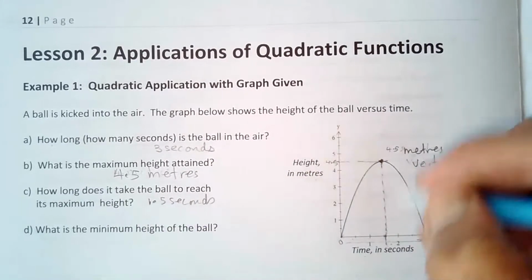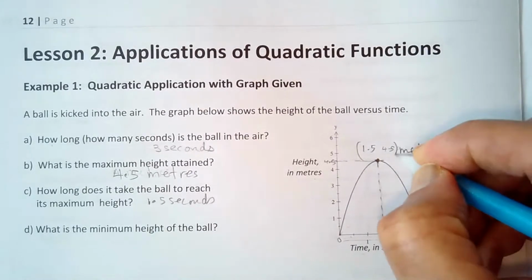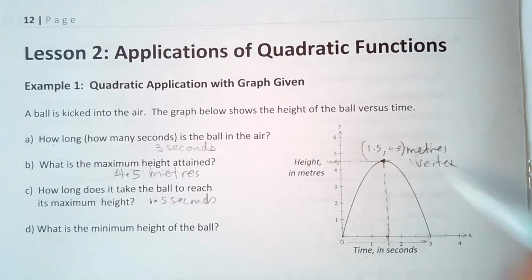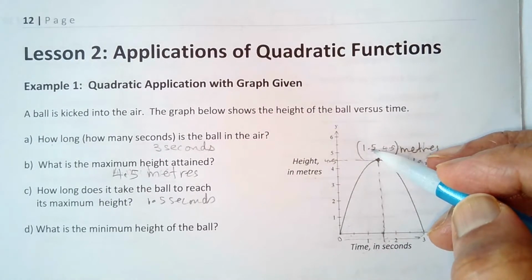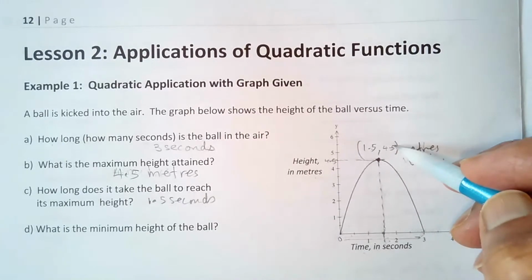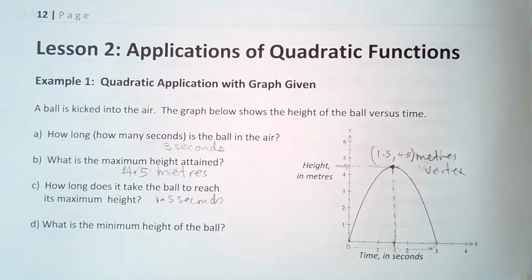So if you look at this point here, it is 1.5, 4.5. So that's your vertex. The vertex tells us the time and the height. That's the maximum height, and the time would be your x coordinate.